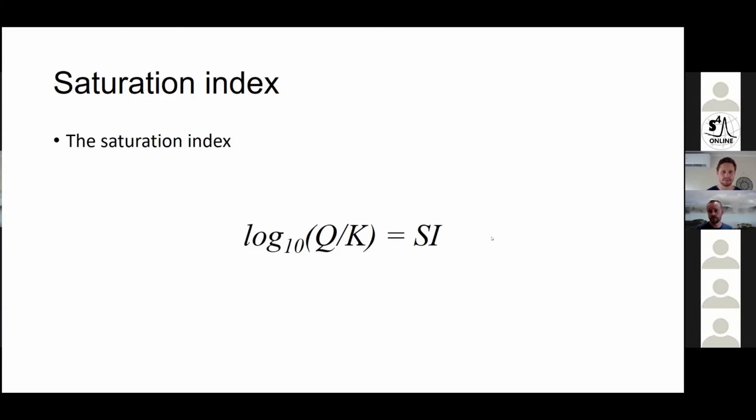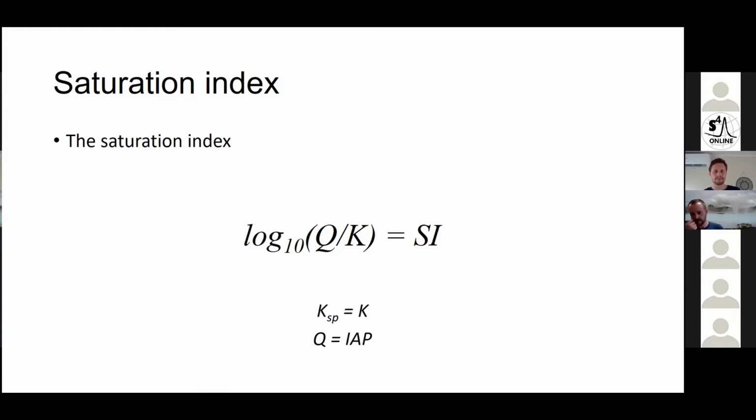A more positive value means you're above equilibrium or oversaturated, and a negative value of saturation index means you're undersaturated. And so hopefully that's all intuitive to you, that if you're oversaturated, it's going to cause precipitation of the mineral, most likely. And conversely, if the water is undersaturated, then you're expecting to see some dissolution of the mineral.